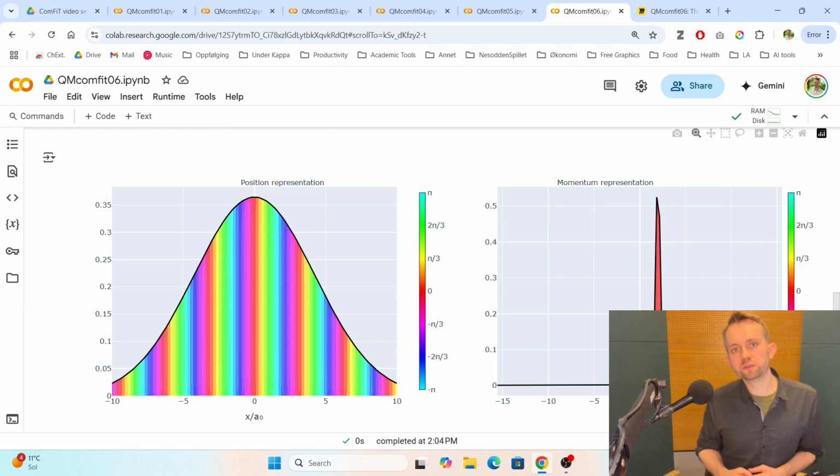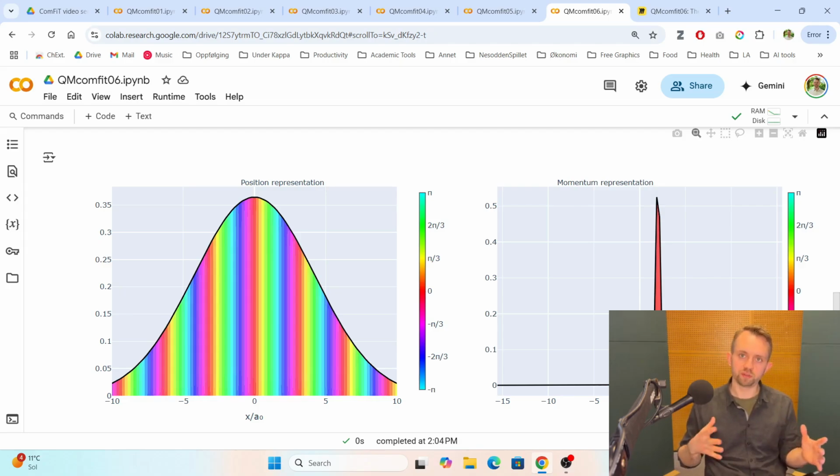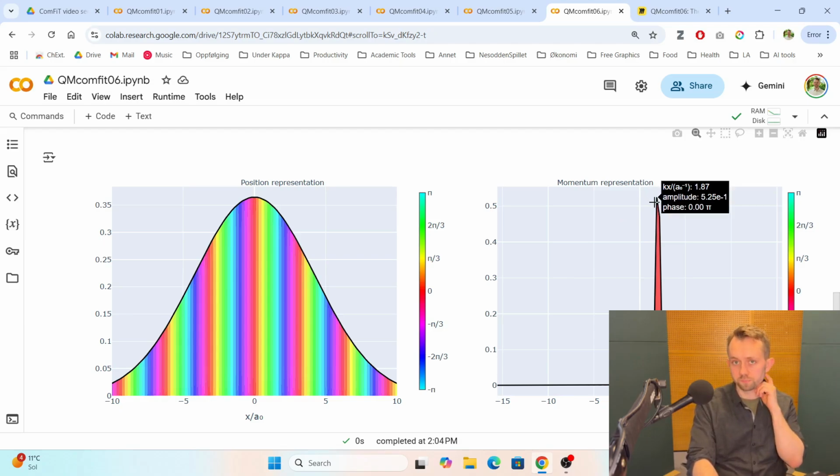One way to understand this trade-off between the precision in position space and momentum space is that, if you remember, this momentum representation tells you how much of the wave function is of this given wavelength, right?